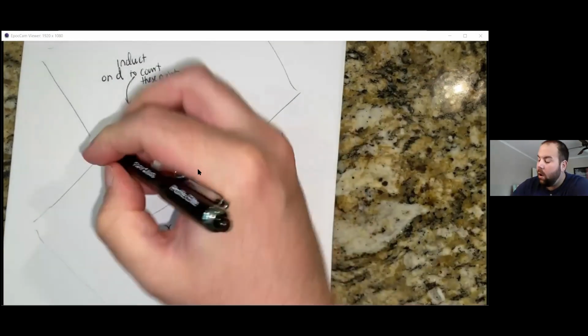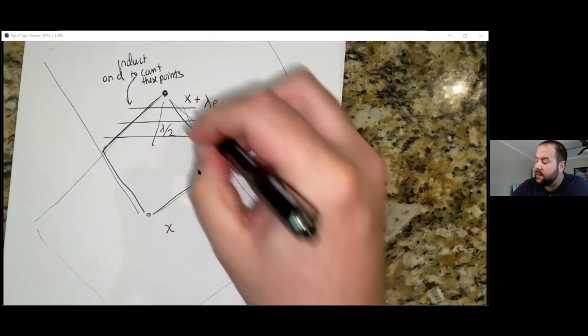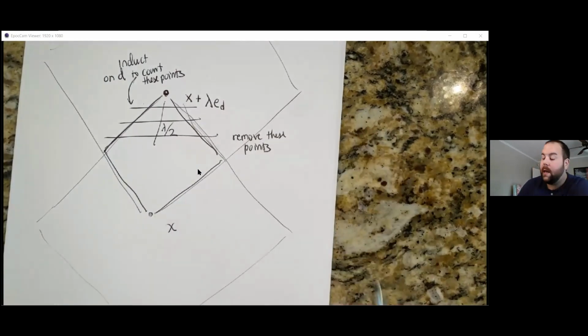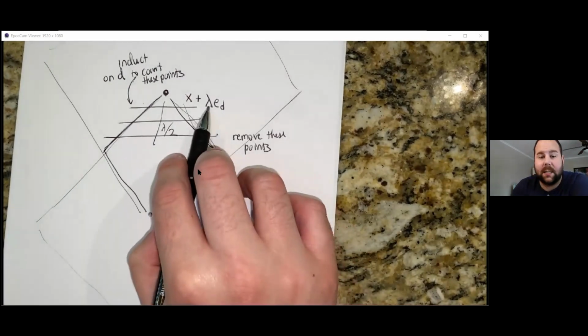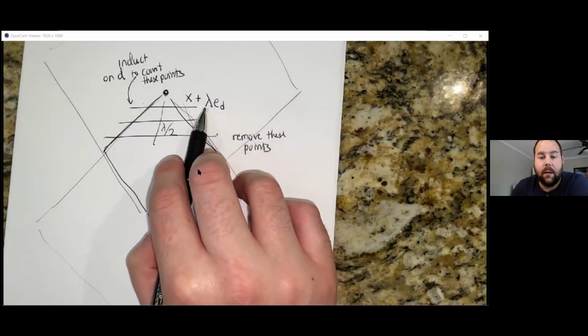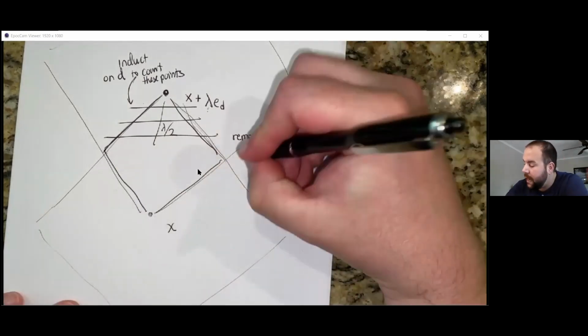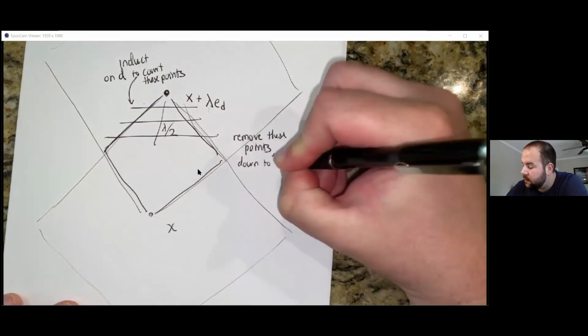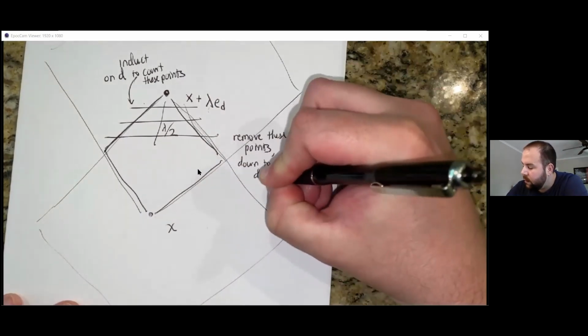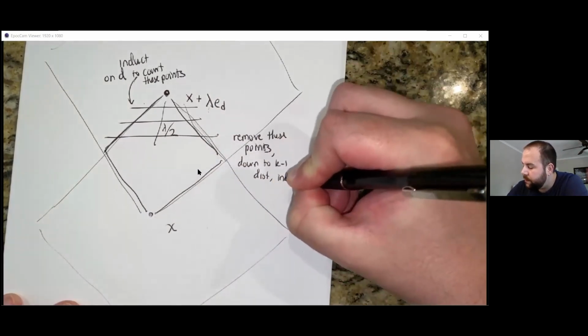If I have all of my points contained in this single ball, and I remove the points on the upper hemisphere, I have actually removed the longest distance from the set. So now by removing these points, you're down to k-1 distances. And so you induct on k.